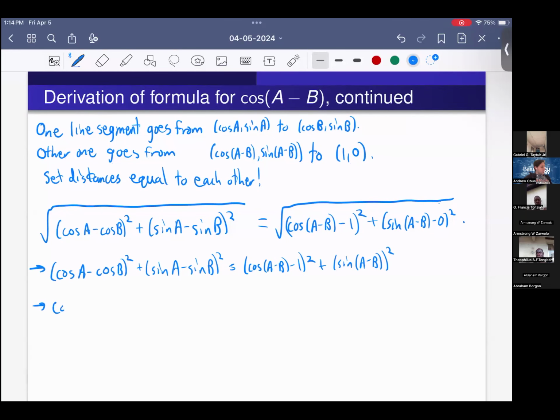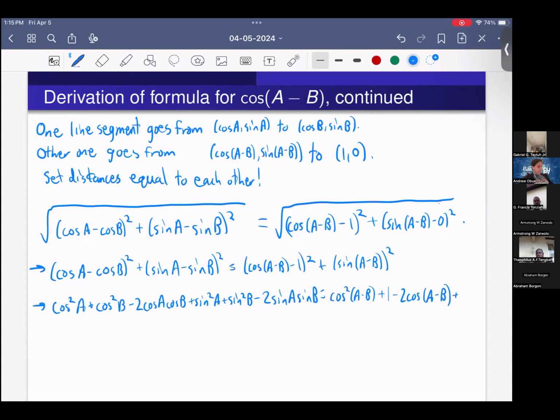This is cosine squared A plus cosine squared B minus 2 cosine A cosine B plus sine squared A plus sine squared B minus 2 sine A sine B. This is equal to cosine squared (A minus B) plus 1 minus 2 cosine (A minus B), plus sine squared of (A minus B).